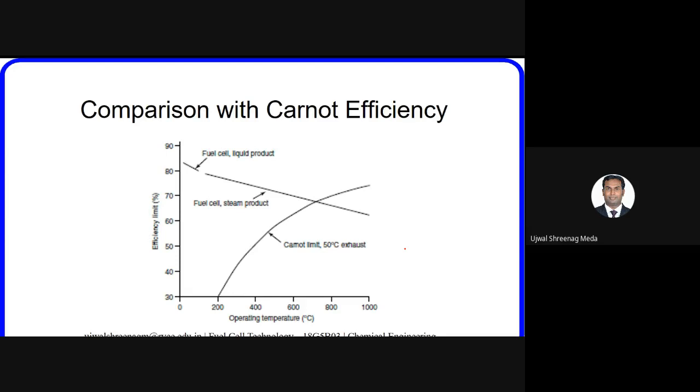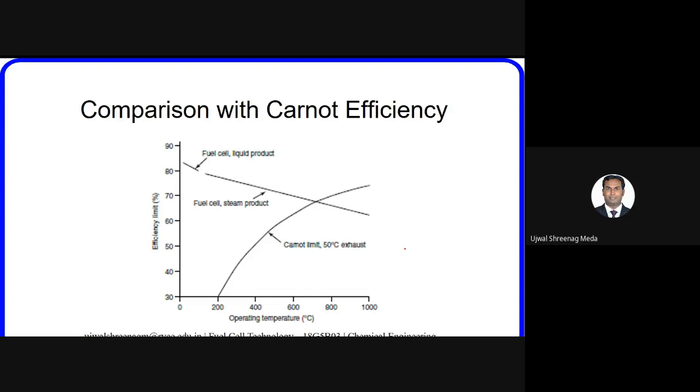One is you use that product gas that is coming out, you exchange heat with that to generate steam, or if you realize that everything that is coming out is water, then that itself can be used as steam. Using that, you run the steam turbine. Additional power is generated. That is one possibility.